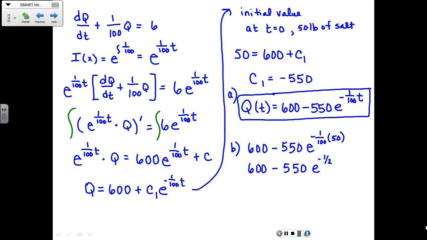So get me an approximation there. Use your calculator. 600 minus 550 times e to the negative 0.5 equals. Y'all tell me what y'all get.